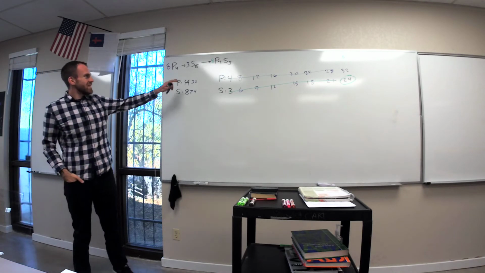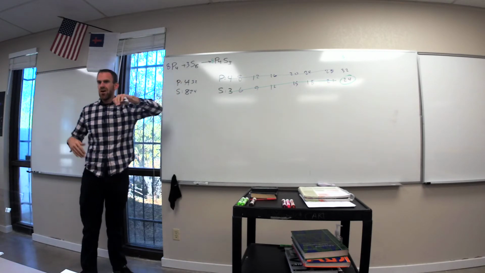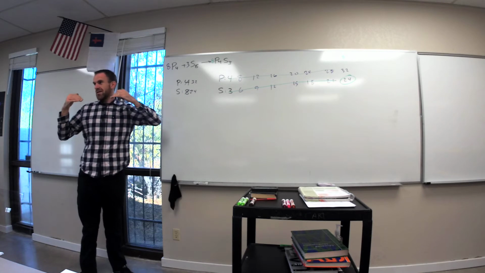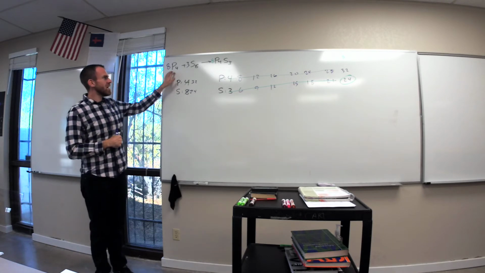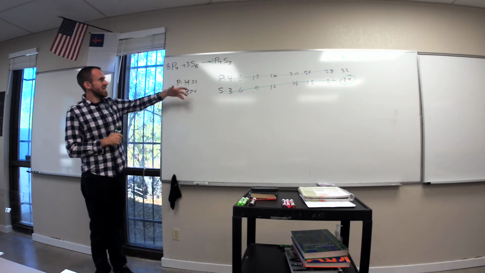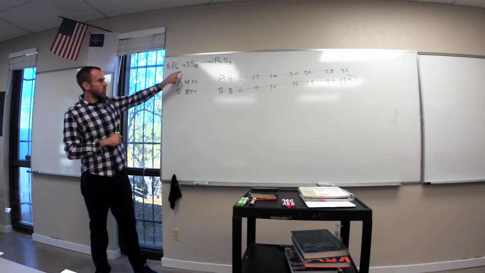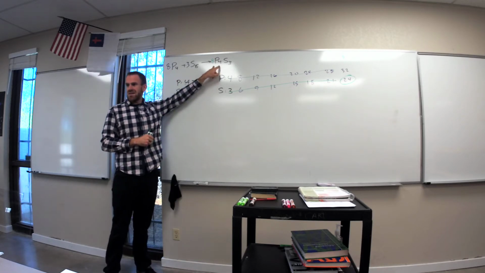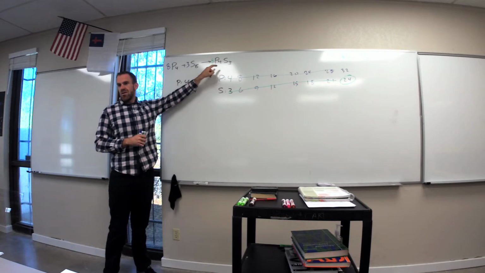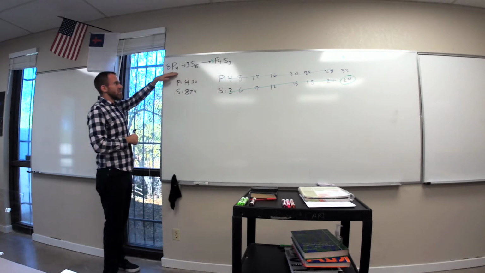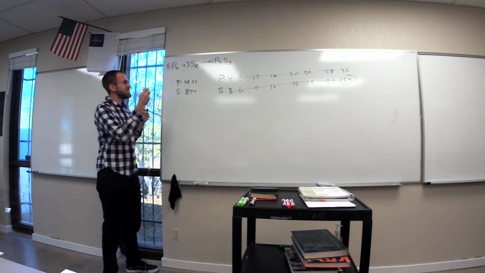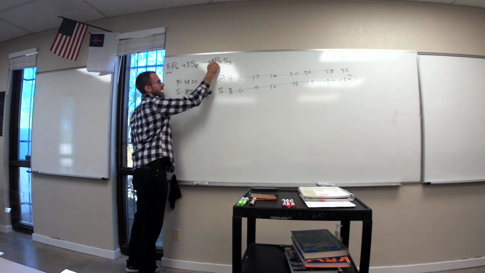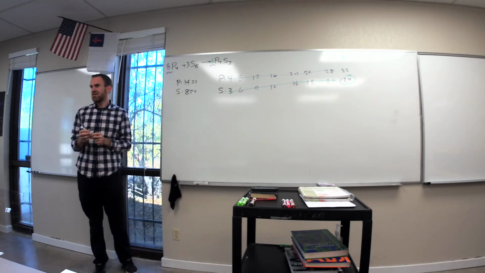Okay, so the idea is that you have to put numbers in front of all of these to make them equal, right? Well, not all of them all the time, but in this case I did. So P4 and P4, see how they're the same? No matter what, on this side of the equation, this number has to match that number because the phosphorus has to equal out.